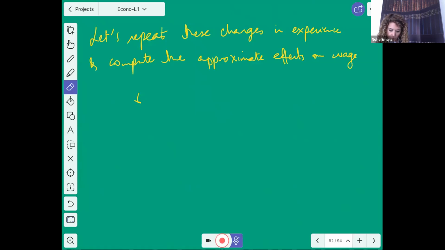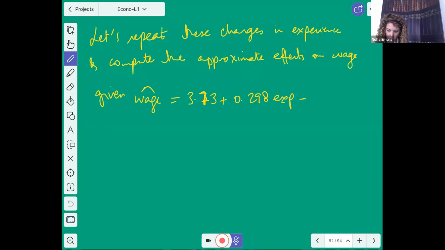I want you to remember that I already gave you the equation, given in the previous slide: wage hat is equal to 3.73 plus 0.298 experience minus 0.0061 experience squared.